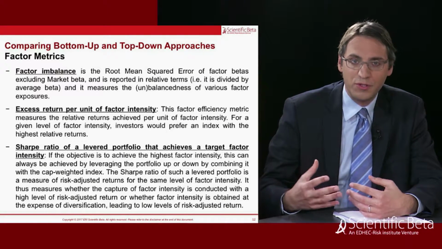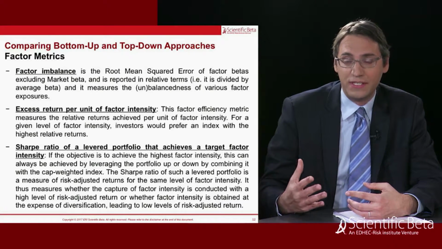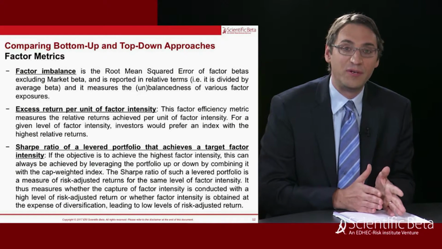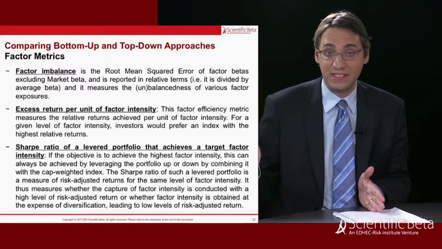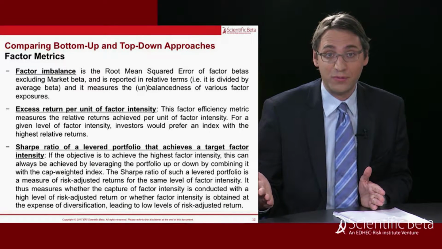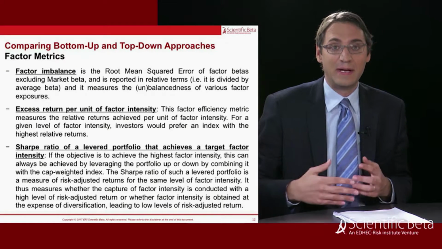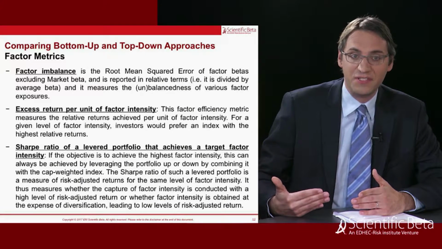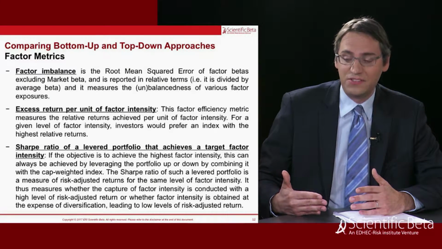Again, I won't go into all of the metrics, but one metric which is very simple and quite intuitive is simply the excess return per unit of factor intensity. The idea is that if I increase the factor intensity by concentrating the portfolio more, but I don't get a proportional increase in returns, then I'm not doing this increase in an efficient way. So it's interesting to look at the excess return per unit of factor intensity.